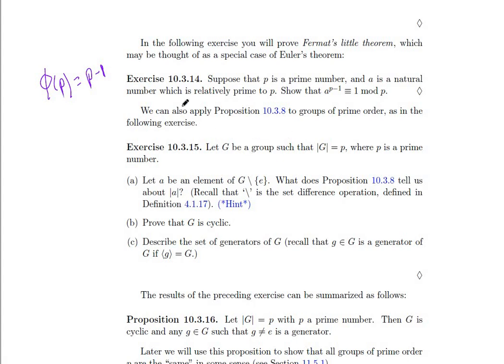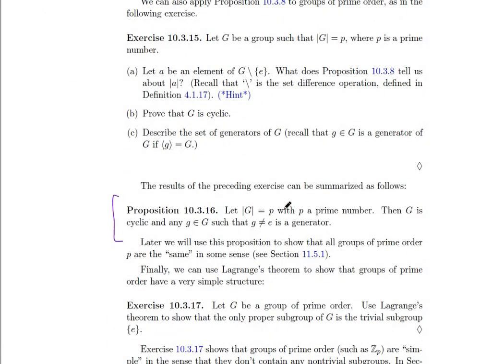Now we can go even further than this. Here we're talking about the multiplicative group of numbers mod p. In fact, any group with order p can have the same argument applied. So we get this proposition: if G is a group with prime order, then G is cyclic, and any non-identity element is a generator.